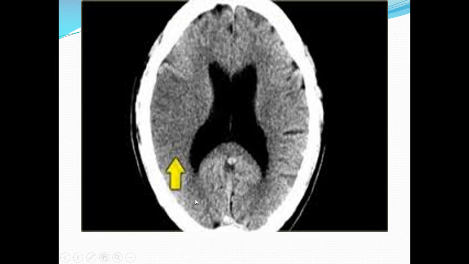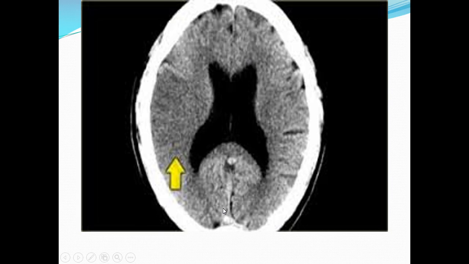Isodense means just like the normal brain parenchyma; hypodense like CSF, or some infarction or some edema. I will deal with it in a further lecture. And hyperdense is like bone, more white. Hypodense is more black than isodense, and same as the brain parenchyma is isodense.